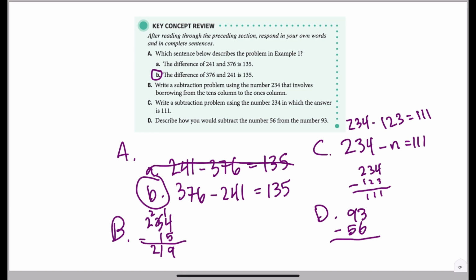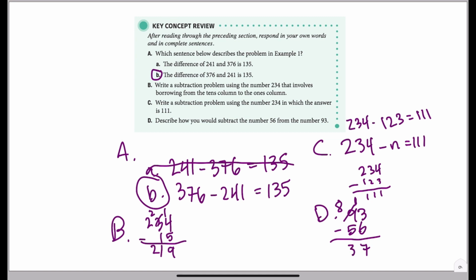So what I would say is, in order to subtract in the ones column, I'll have to borrow from the tens, and so I'll turn 9 into 8 and borrow one of those tens and give it to the 3 to make it 13. And that will allow me to subtract. So 13 minus 6, 7. 8 minus 5 is 3. And so my result is 37.